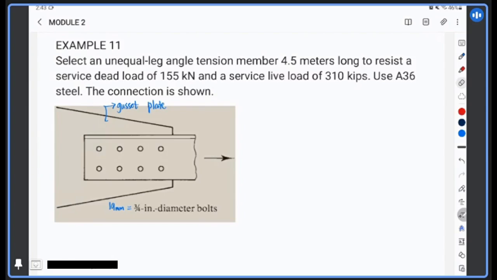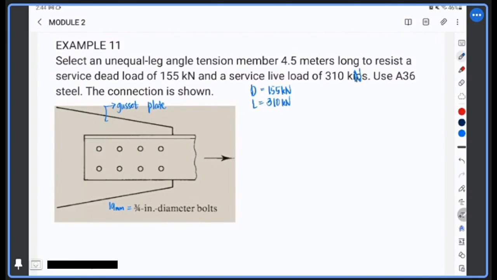And it is to resist a service dead load. So, lagay natin yung mga loads. A service dead load of 155 kilonewton, and a service live load of 310 kilonewton. That's not kips, that's kilonewton, kasi naka-kips yung given sa libro.